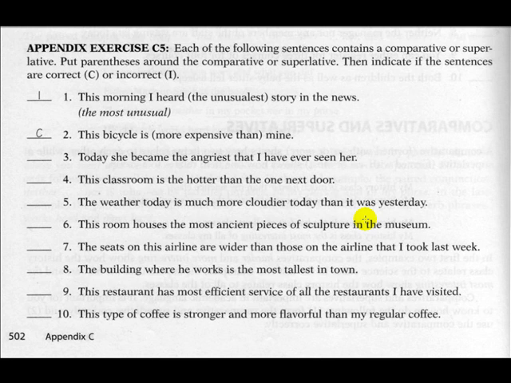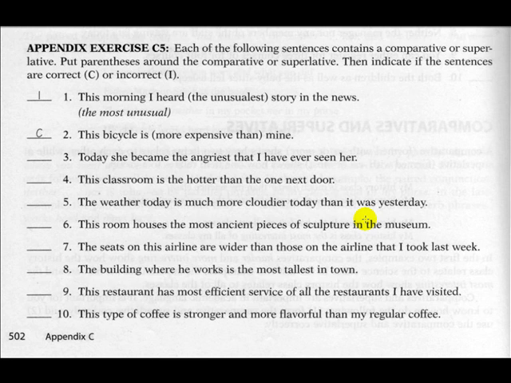This morning I heard the unusualest story in the news. You see the brackets around the unusualest, and that is the superlative word, okay? And you can see that it is wrong. And why is it wrong?